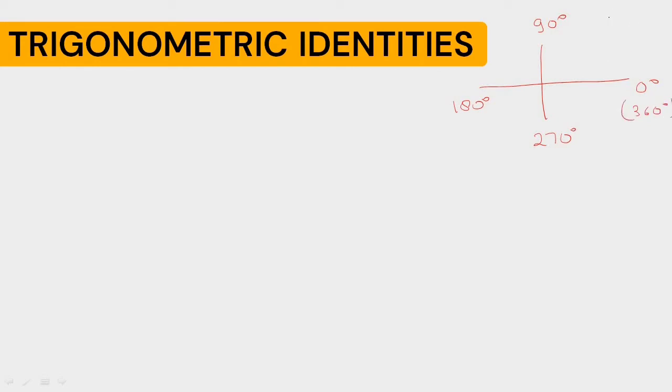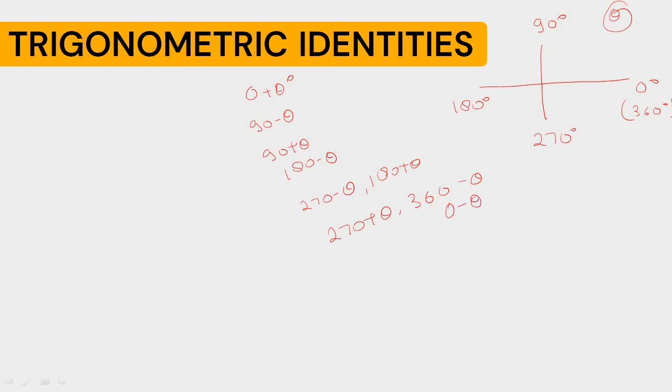If we take an acute angle theta, theta is an acute angle, then we can write some values like 0 plus theta, 90 minus theta, 90 plus theta, 180 minus theta, 270 minus theta, 180 plus theta, 270 plus theta, 360 minus theta, or 0 minus theta.